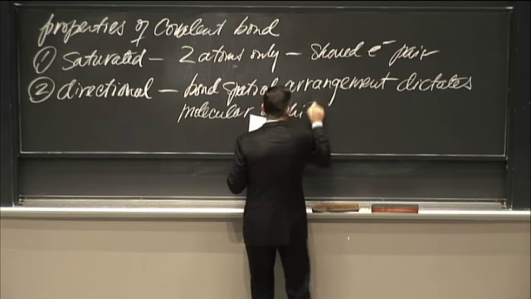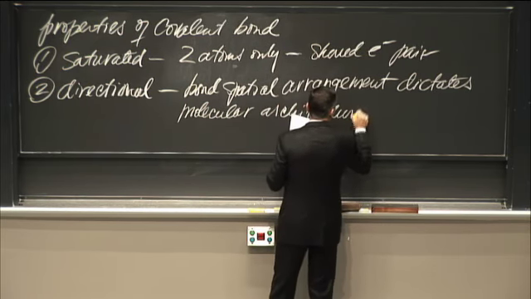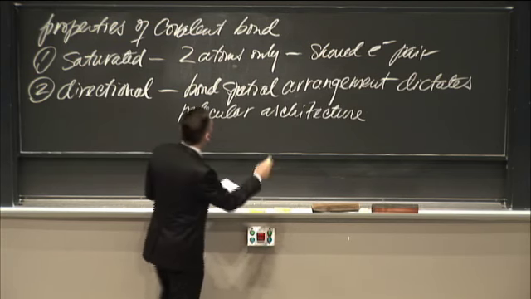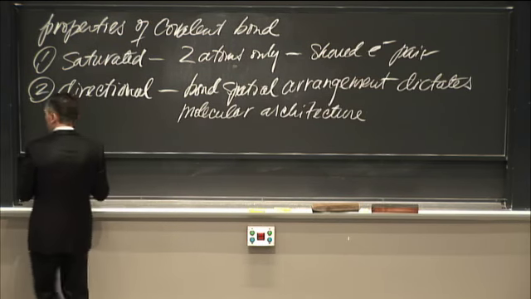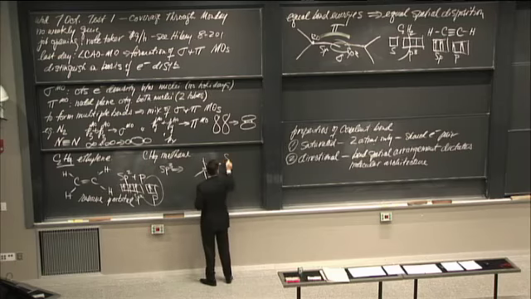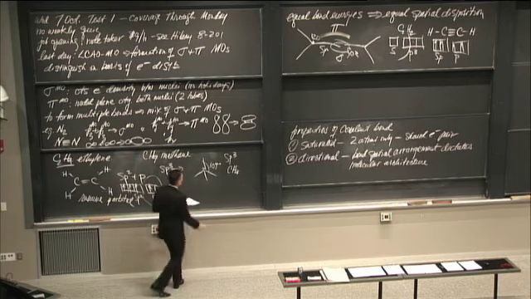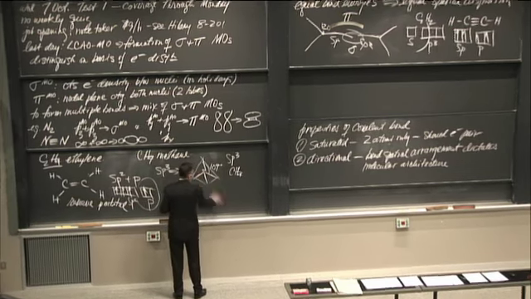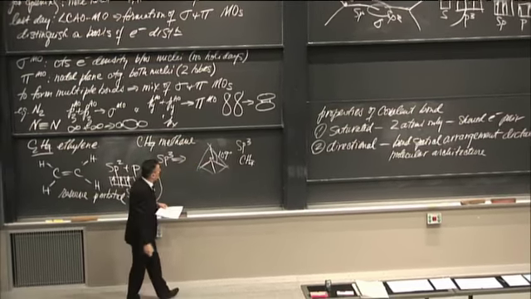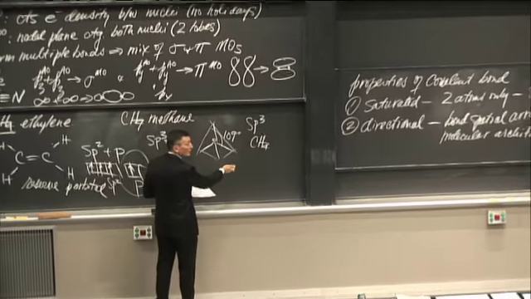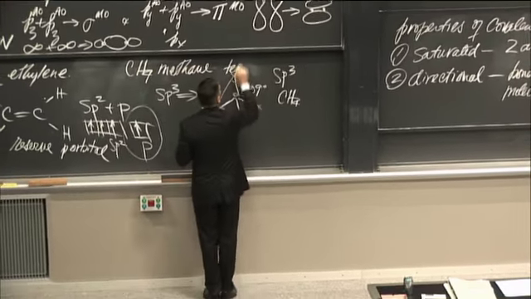So what I'd like to do next, for example, here's one that we know. You've seen this one. This is methane. This is sp3 hybridization. So we learned that methane is tetrahedral. We say that the four corners of the hydrogen positions form a tetrahedron. So we call this molecule tetrahedral.